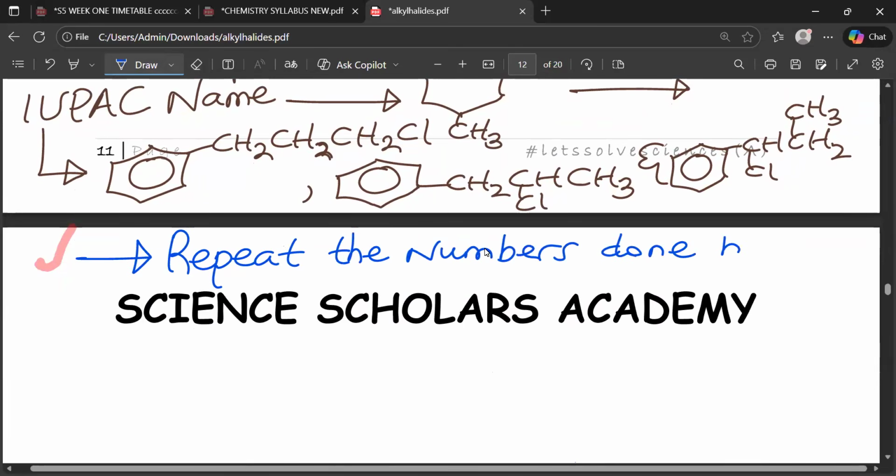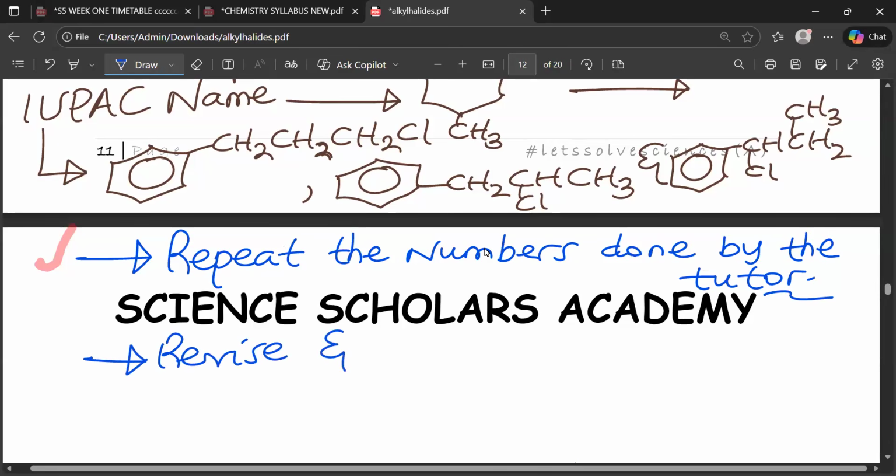You're supposed to also repeat the numbers done by the tutor. Those examples I've been doing, you're supposed to repeat them on your own. Those compounds I've been naming, you're also supposed to name them. You're supposed to name them before you can even come and do this. You revise everything and rewrite.